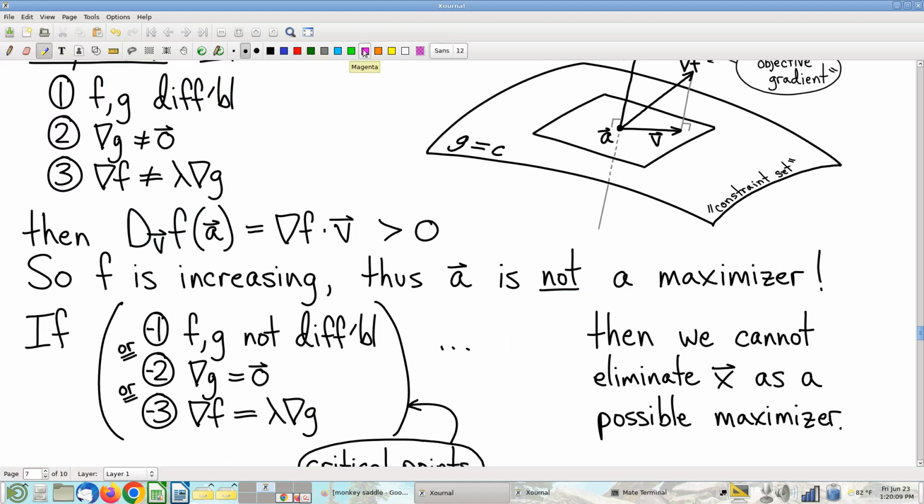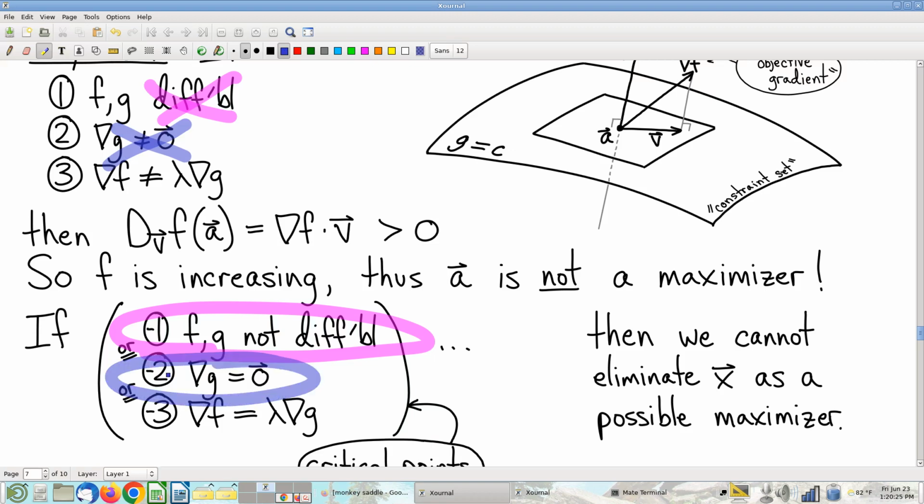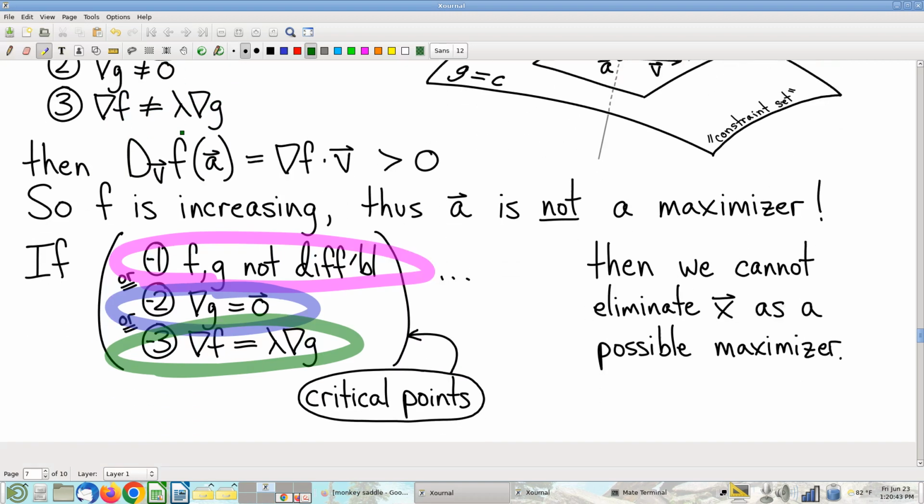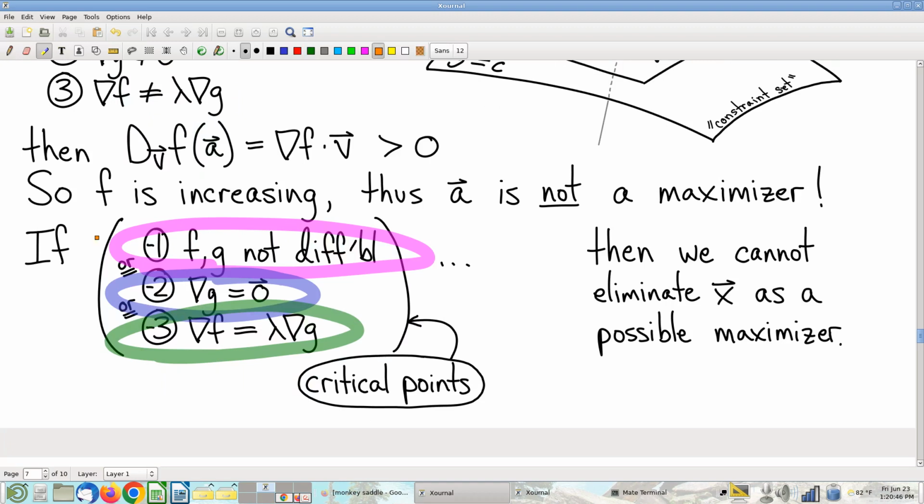If either f or g fails to be differentiable, or if the gradient of g is 0, or if the gradient of f is parallel to g, in other words, if the gradient of f is a multiple of the gradient of g. So if any one of these three things happens, our argument fails. Any one of these three.